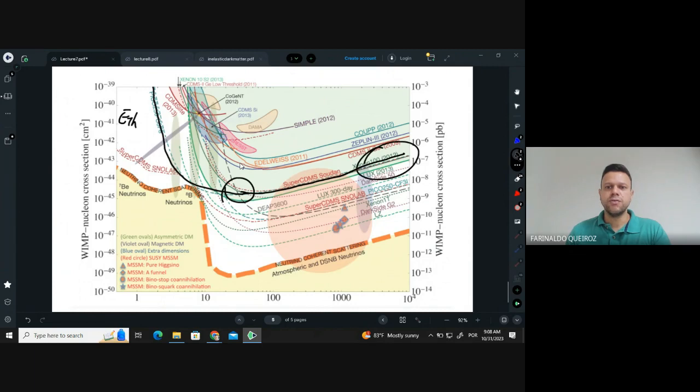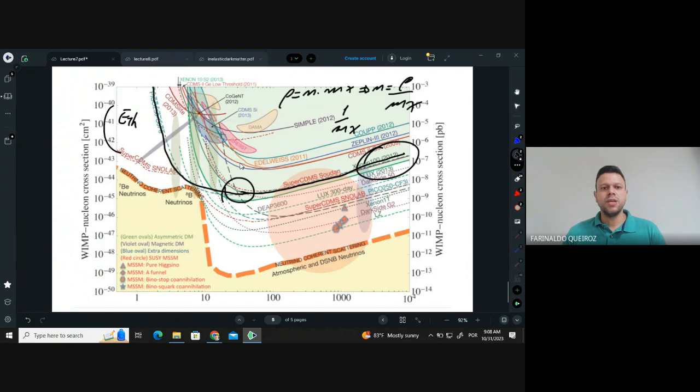And the rise at high masses has to do with the 1 over m chi behavior, which is related to the number density. Remember, rho is n times m, but the scattering rate depends on the number density. Therefore, the number density is rho over m chi. As I increase the dark matter mass, the number n chi decreases as 1 over m chi. Then the scattering rate decreases, and as the scattering rate decreases, my constraining power weakens at the same rate.